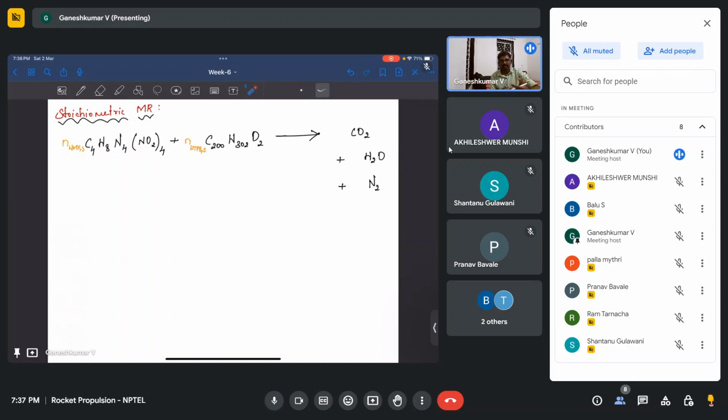So here the fuel is getting oxidized. If you consider the oxidizer as your fuel, the oxidizer is losing oxygen and the fuel is gaining the oxygen, right? So you would expect only this to happen, because this will have the least amount of heat of formation, and that is the maximum amount of energy you can get out.